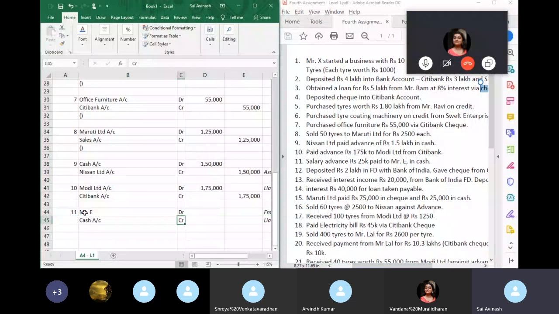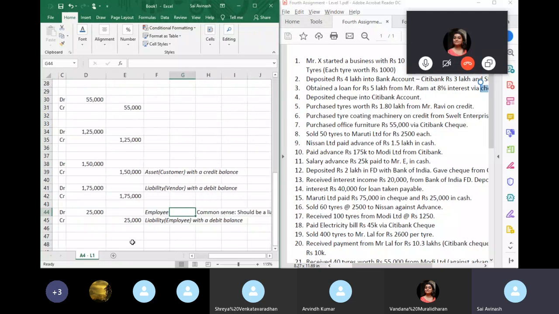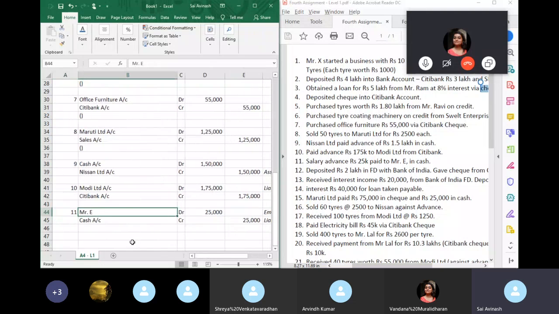I'm paying cash. Cash reduces, and that's 25,000. And similarly, the asset increases, or in this case, the liability with a debit balance increases. Another way of understanding this: typically we have to pay Mr. E, but in this case we are giving him a salary advance.